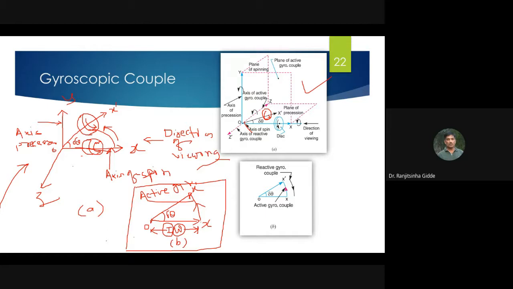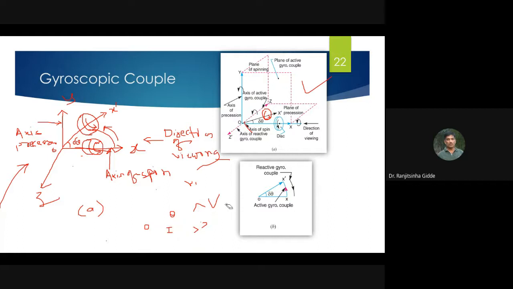We have to neutralize the outward motion or outward drag on the bike, so for that our action is required. In this case, OX is the initial axis, then OX prime is its final position, and for that position we gave an action. So that's why it is called an active gyro couple. And opposing it, there will be a reactive gyro couple. Right. So you can draw this diagram, whatever is displayed on the screen.